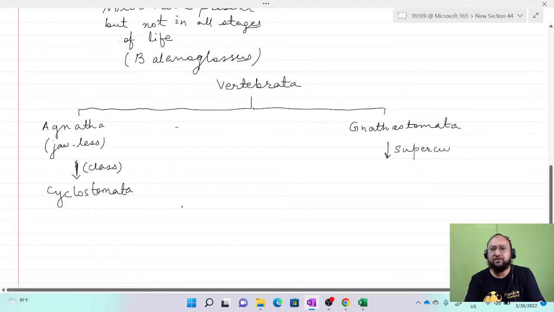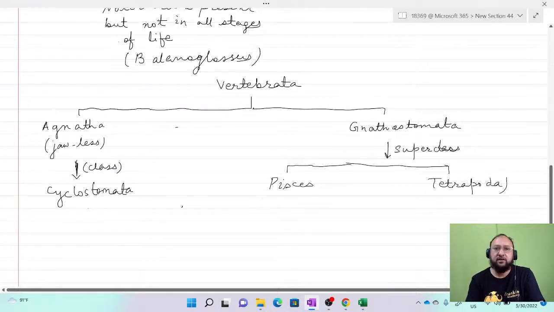So we have to divide first into superclass: Pisces and then Tetrapoda. Here Pisces means they bear fins, like in fishes, and Tetrapoda bear limbs, hands and legs.